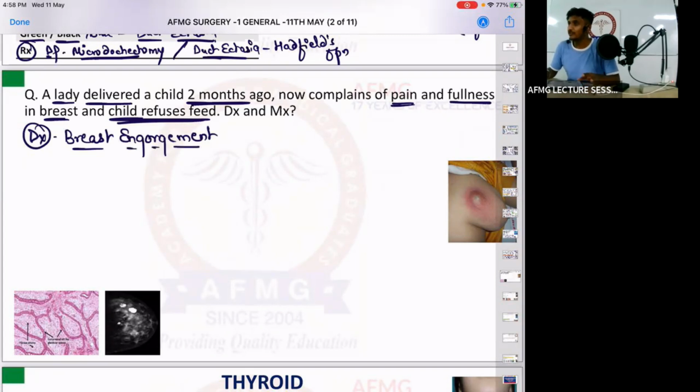No, nothing, no fever. So it is only breast engorgement. The cause is the child refusing the feed, so there is accumulation of milk in the breast, causing pain and fullness. This question was asked in August and many times before. If only these two features are there, the diagnosis is breast engorgement.